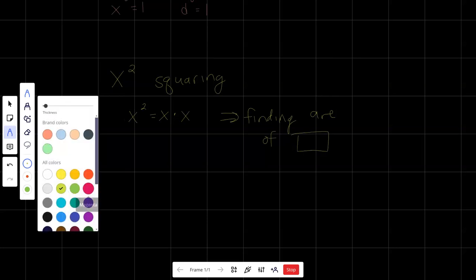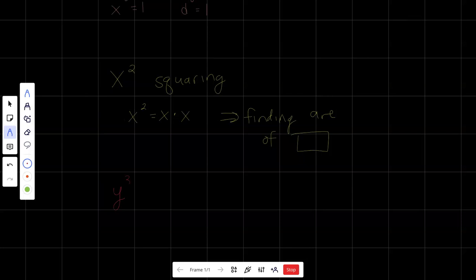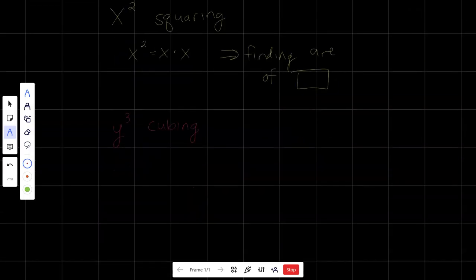So we have, let's say, y cubed. This is cubing. Or you maybe have talked about volume and you've had something like 17 inches cubed. So with volume, you've done cubing things. And of course, y cubed looks like y times y times y.